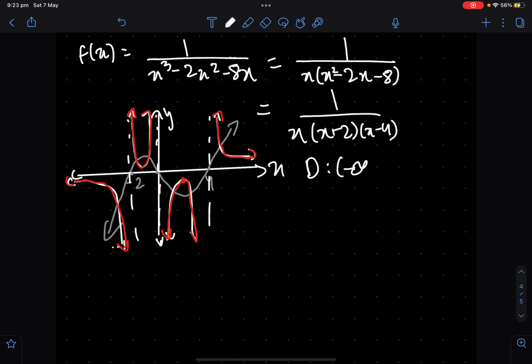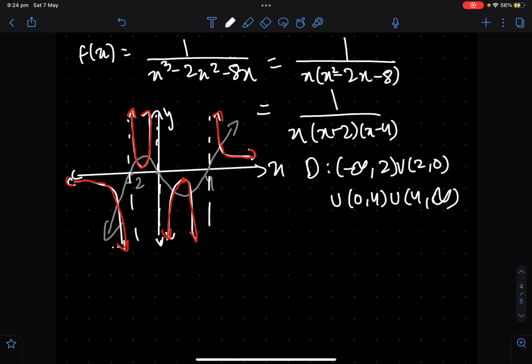This would be from negative infinity to 2, union, yes, that means or, and from 2 to 0, union 0 to 4, and 4 to infinity. And I think that is the end.